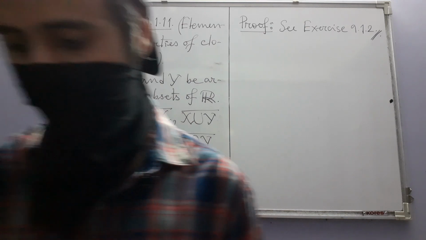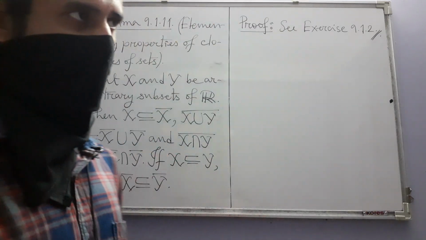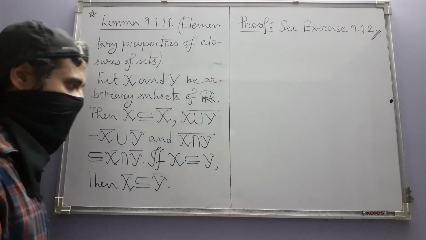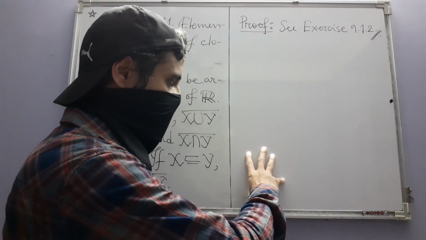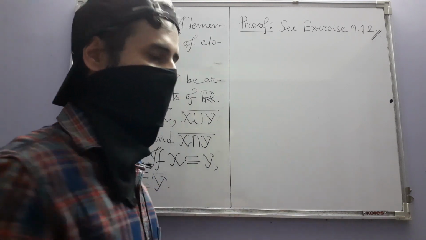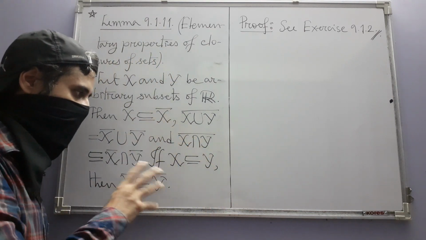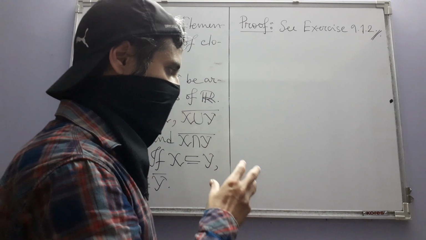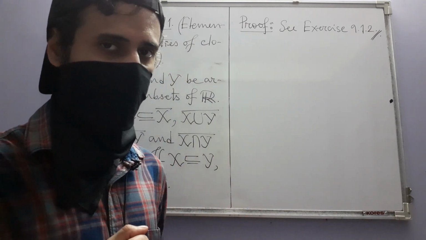But before I go, let me just say one thing. There is a general advice while dealing with these things, and that is that whenever possible, you draw a diagram. You have seen that the notion of adherent point, it's very easy to make mistakes and get confused.